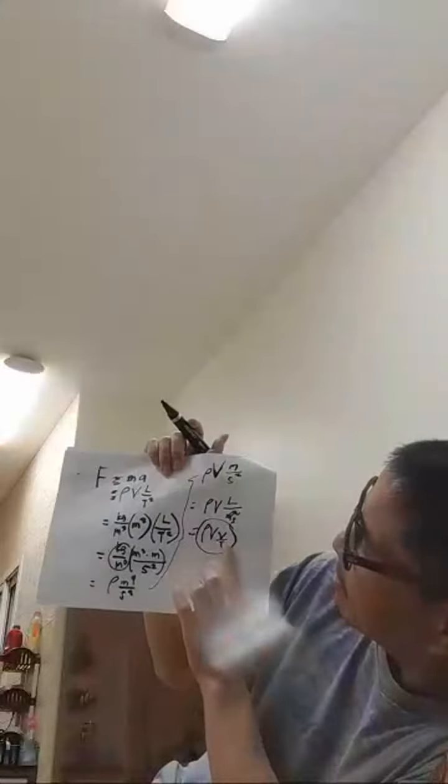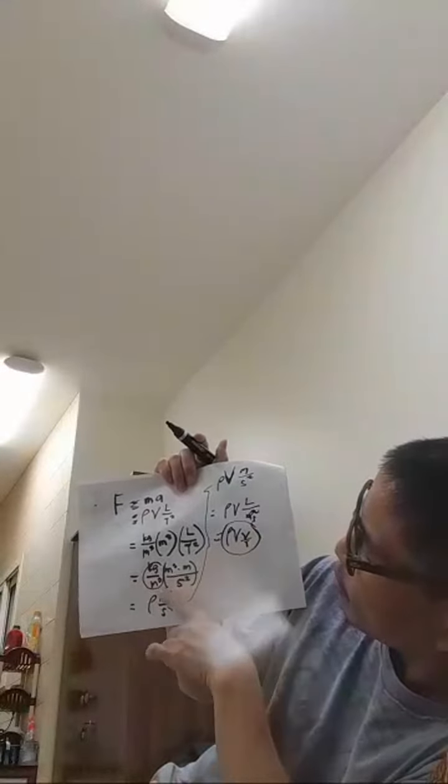Since meter per second is velocity, we can convert it: density, volume, times meter per second, which is velocity, and what remains is the second, capital T. So, density times volume times velocity over T. Where did we get the density?